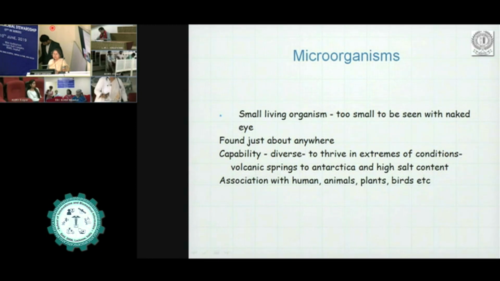Even in conditions of too high salt concentration, too alkaline, too acidic, they have the capability to survive. Their will to live is much stronger, and they have evolved in such a way that compared to them, we humans are nothing. They have a better way of living and surviving in this world.